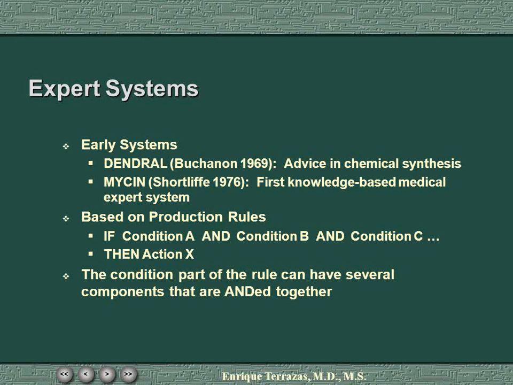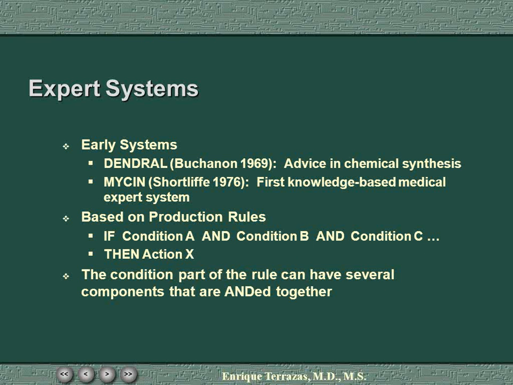So expert systems are kind of the opposite. You have to have expert knowledge because most of the expert systems are based on production rules. Things like if condition A and condition B and condition C exist, then something.